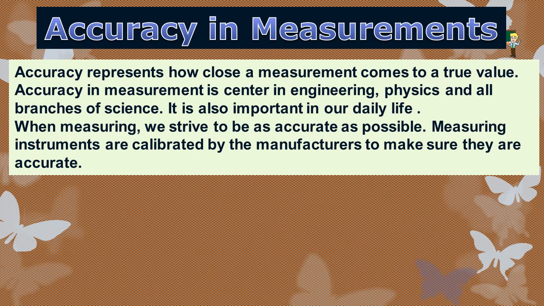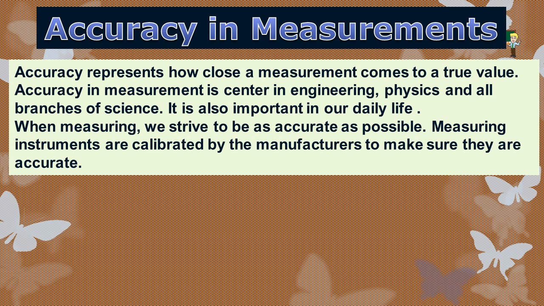Students, so far we have learned a lot about measurements, is it? All this should have accuracy in measurements. When measuring physical quantities, accuracy is very important in each and every measurement. If it is not there, then the measurement will not be valid.